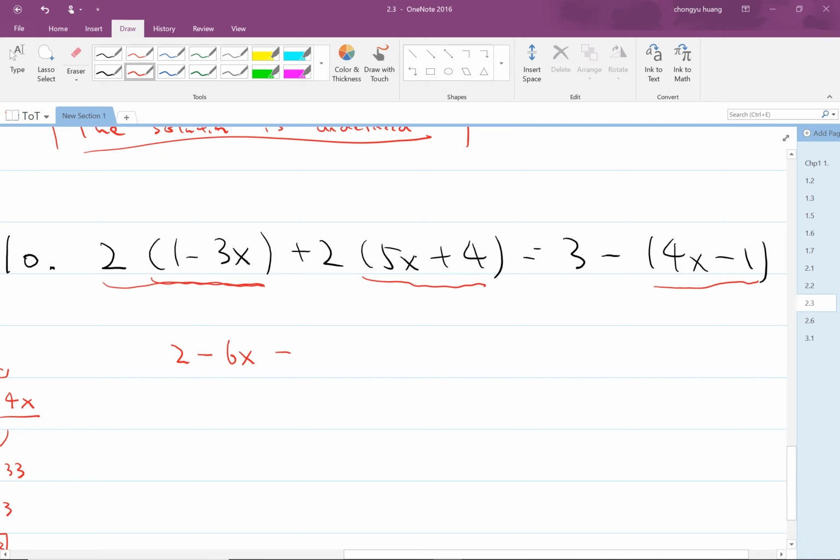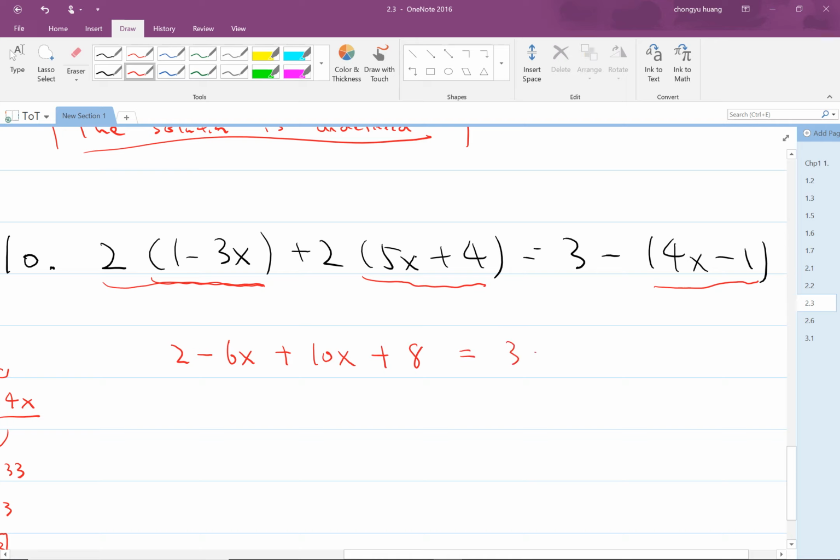And then we have plus 2 multiplied by 5x equal to 10x, and then another plus, 2 multiplied by 4 is going to be 8. And then we have equal 3 minus 4x, so it becomes minus 4x, and then we have a minus 1, so it becomes positive 1.